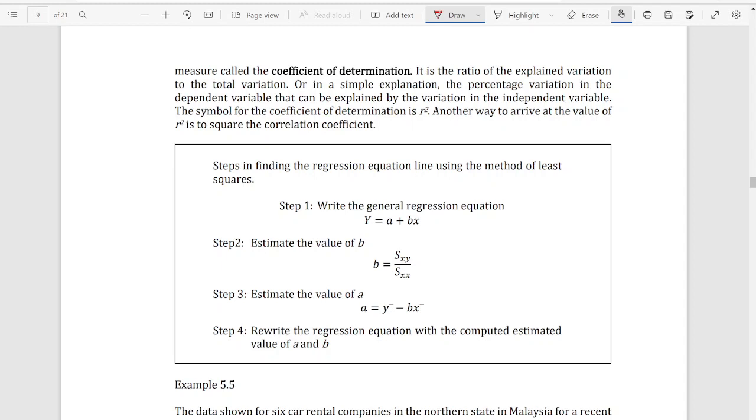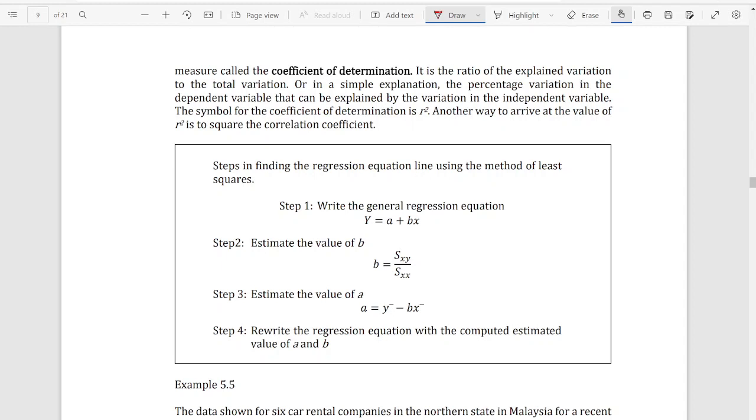Step yang pertama, kita tuliskan dia punya persamaan, iaitu y sama dengan a tambah bx. Langkah yang kedua adalah kita anggarkan nilai b menggunakan formula Sxy dibahagi dengan Sxx. Once kita dah estimate nilai b, step yang ketiga adalah kita estimate nilai a pula dengan formula a sama dengan y bar, iaitu average y, tolak b darab average x, b yang kita dapatkan dalam step 2.